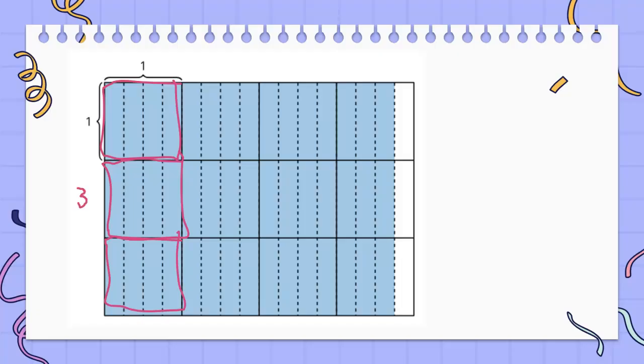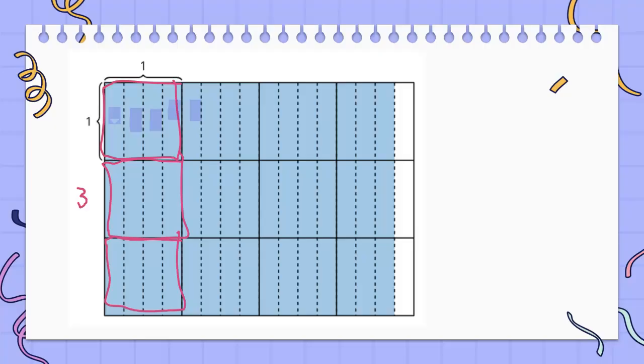And we're going to use the other strategy that we used in our previous slide. Let's go ahead and use our highlight. We have 1, 2, 3, 4. We're just counting all of our little rectangle shaded tiles. And we're going to count all the way across.